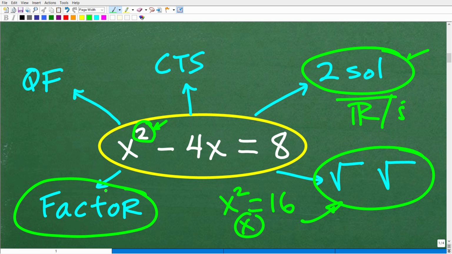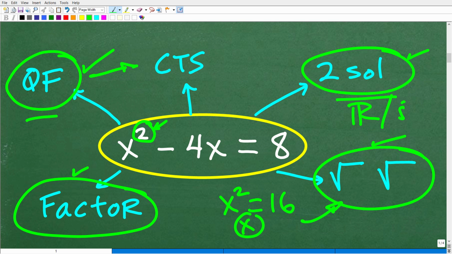Now, you may not be able to factor, and if you cannot factor, then you can always rely on the quadratic formula and solve every single quadratic equation with it. That is why this formula is so important. These other techniques work if the equation is set up in a particular format where you can use these methods, by taking the square root or by factoring, but every single quadratic equation can be solved by the quadratic formula.